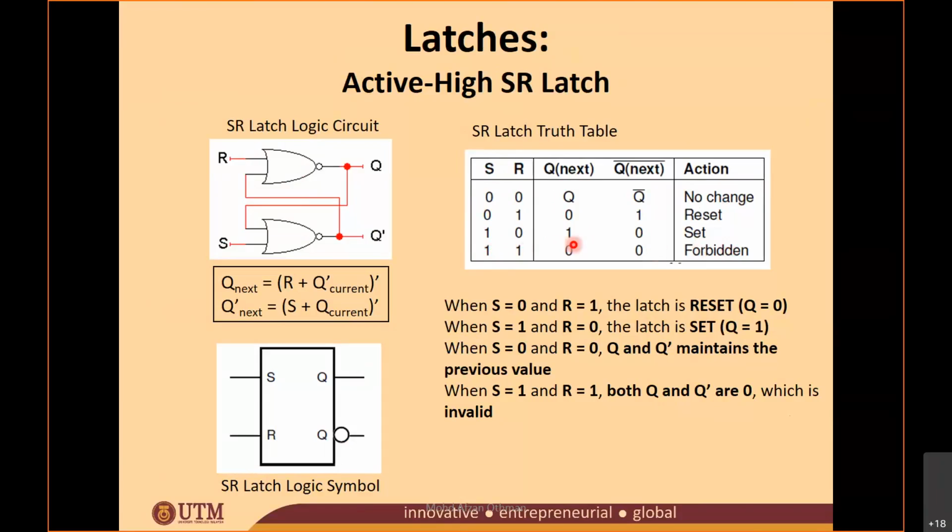You see this output here always produces a 0 for both Q and Q bar, which is wrong. So never set S 1, R 1 for an SR active high latch. Okay, so this is for the active high SR latch.